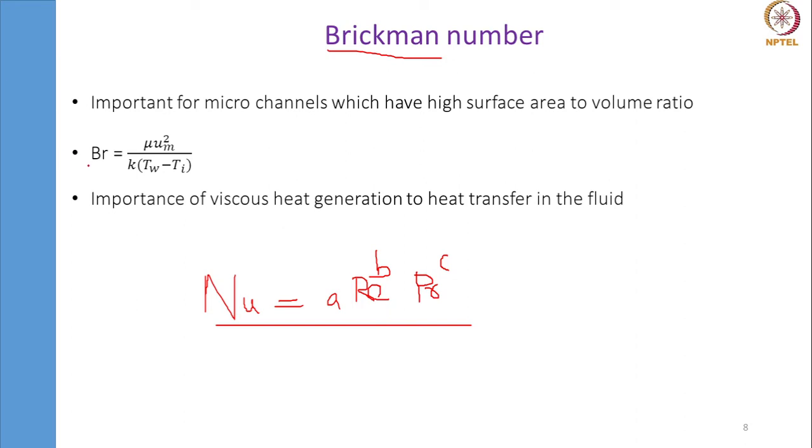It is defined as dynamic viscosity times u_m squared by thermal conductivity times delta T. So Brinkman number is basically a ratio of the viscous heat that is generated due to shear to the heat transfer in the fluid.